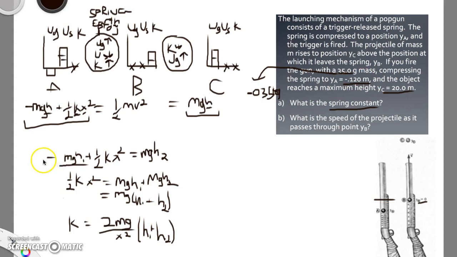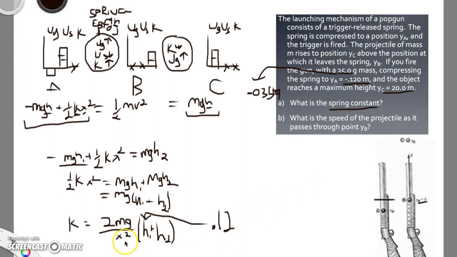So the way that we set this up when we talked about the negative potential energy, when we plug in for H1, we want to make sure that we don't put in negative 0.12. We want to put in the 0.12. We accounted for the negative in our bar chart when we said that we had negative potential energy. So go ahead and plug all these into your calculator and see what you get.